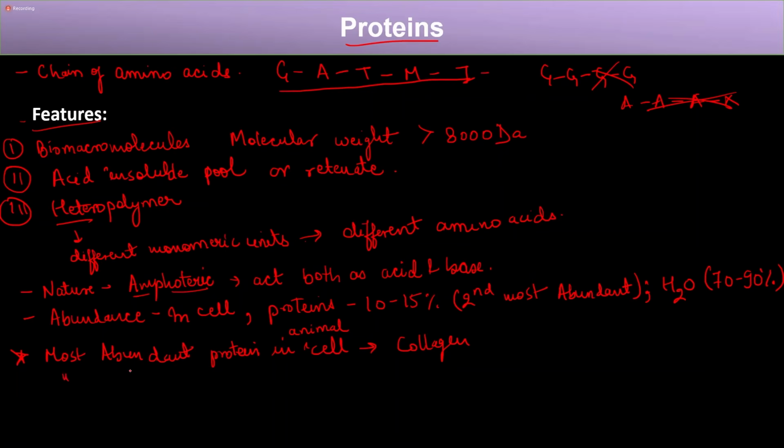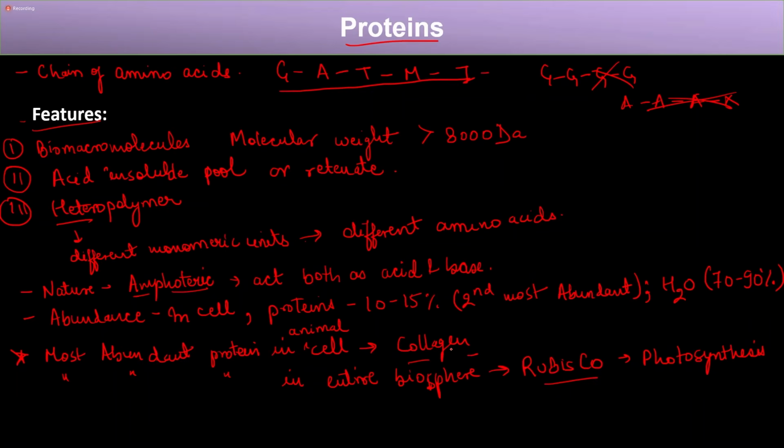But if someone asks the most abundant protein in the entire biosphere, the answer is rubisco. Rubisco is an enzyme that is used in the dark reaction of photosynthesis, which we will see later. So the most abundant protein in the entire biosphere is rubisco, but in animal cell, the most abundant protein is collagen.